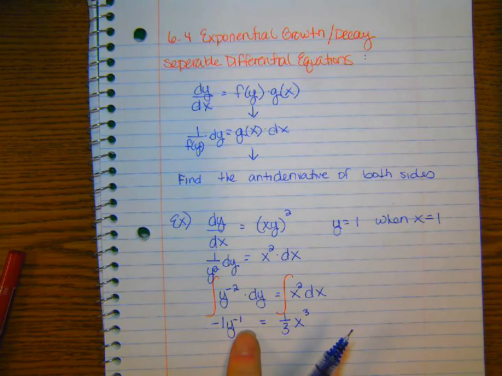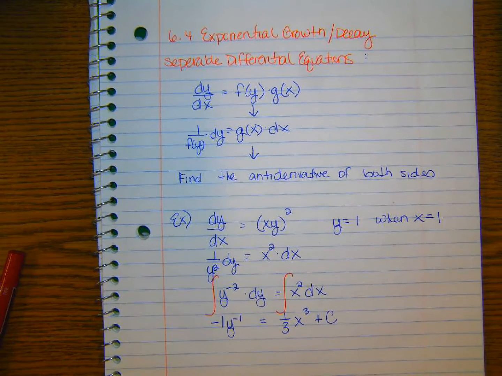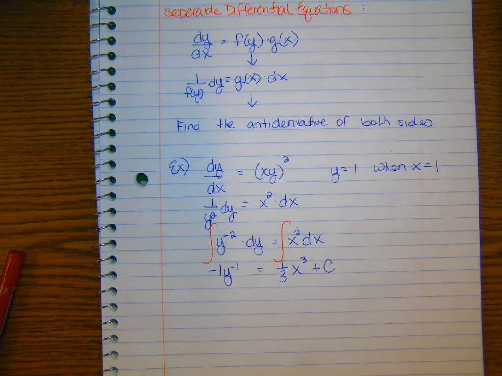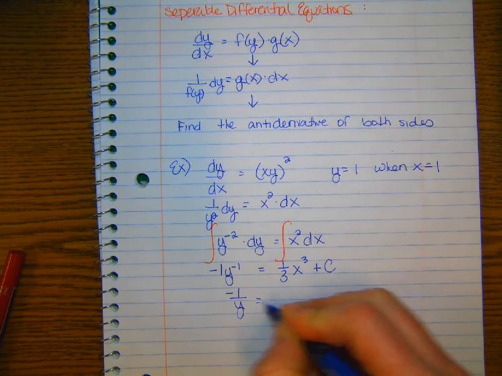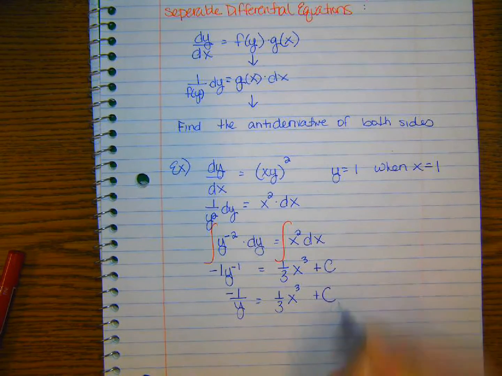And we have a plus c and a plus c, but I'm going to just put it over here. Okay, next. I'm going to simplify this. Wouldn't you agree this is negative 1 over y equals 1/3 x cubed plus c?